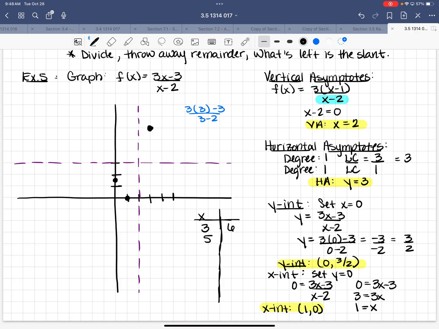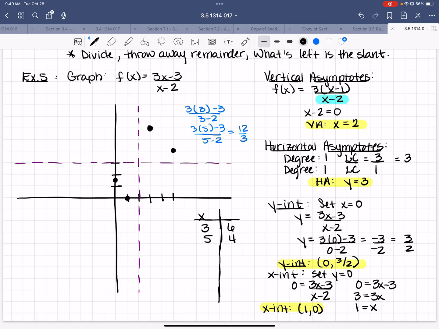That's a good thing about doing math forever: I can do it in my head real quick, so I can pick some nice points. Try 5. When x is 5, what do I get? 3 times 5 minus 3 over 5 minus 2. 15 minus 3 is 12, over 3 gives me 4. So at 5, I get 4.